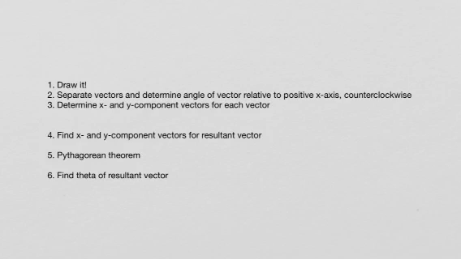We determined with our equations that we can find the x component vector by taking the magnitude of our original vector times cosine theta. And we can find the y component vector by taking the magnitude times sine theta.